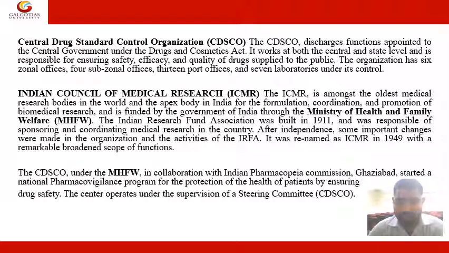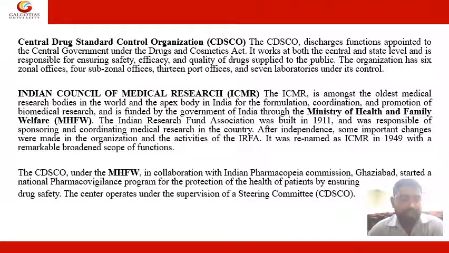It releases an annual program inviting researchers in our country to submit proposals for approval and funding by the ICMR. It is governed by the Ministry of Health and Family Welfare. The council was established in 1911 and renamed in 1949 when the country became independent.